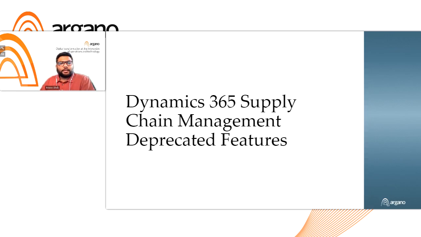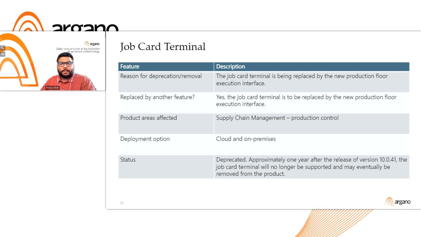Now we will look at the features that are getting deprecated as of this version. The first one is job card terminal. Job card terminal is being replaced by a new production floor execution interface. The area affected is production control.